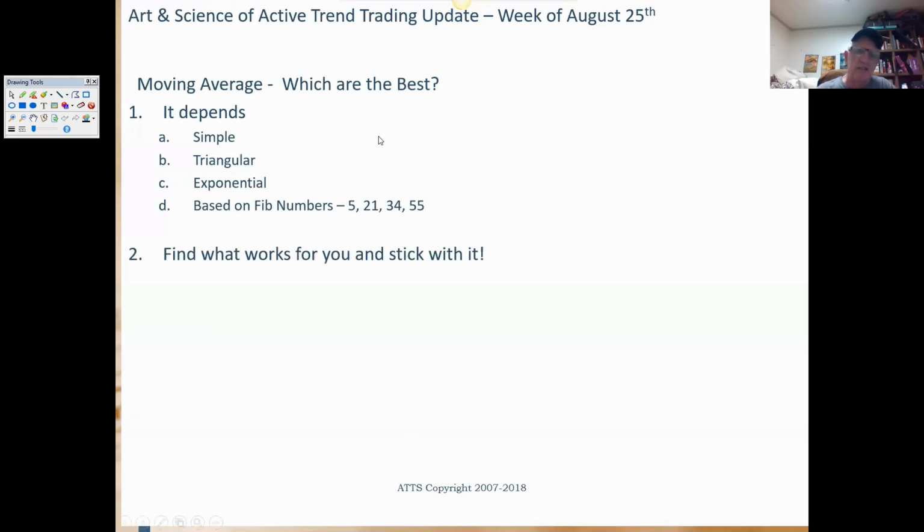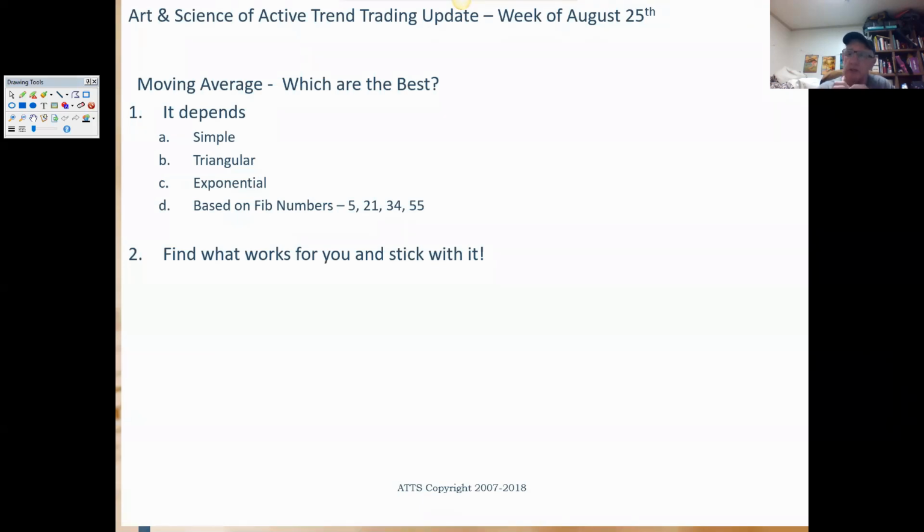So the basic deal is find out what works for you and then stick with it. I know some traders drive themselves nuts: for one chart, for one entity, they'll find that a simple moving average works the best, and for another entity, they'll choose the exponential. You'll drive yourself nuts trying to find a moving average that fits all cases. So just choose one and then learn.